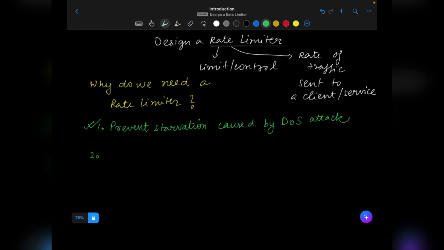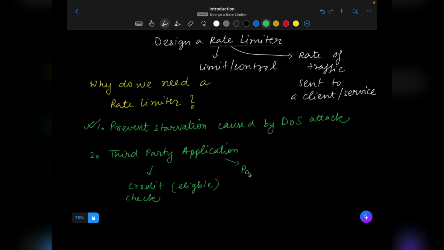Another is, suppose your service is using a third party application for, let's say, a credit check. Suppose our application is an e-commerce website and we are checking the credit of a particular customer, whether he is eligible or not and other related things, and we are also using a third party payment gateway service to process the payment requests.